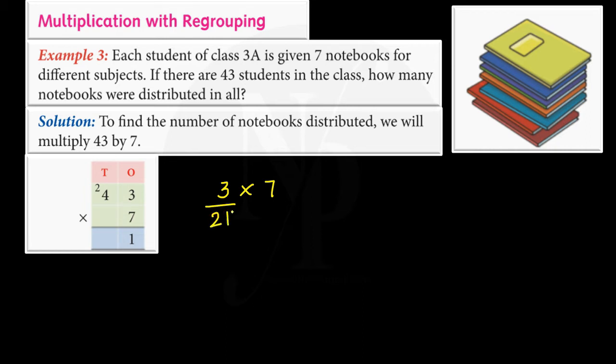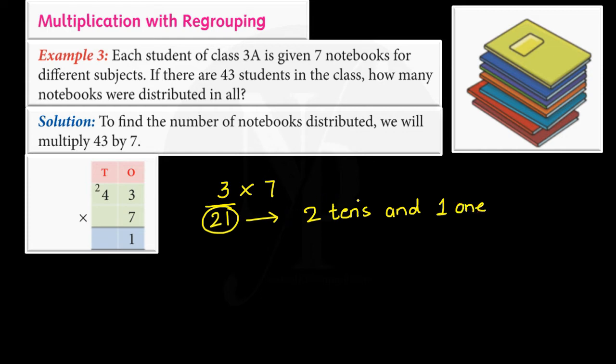This number 21 is regrouped. In 21 we have 2 tens and 1 one.